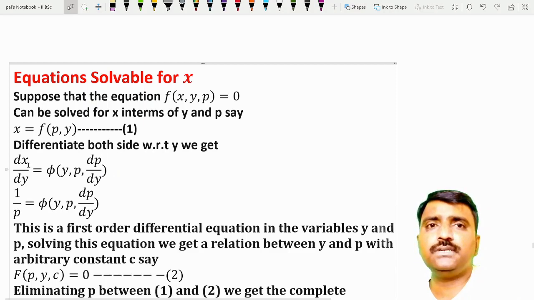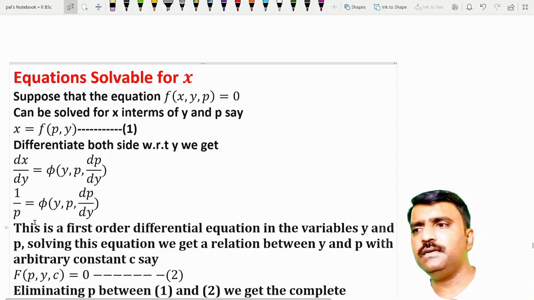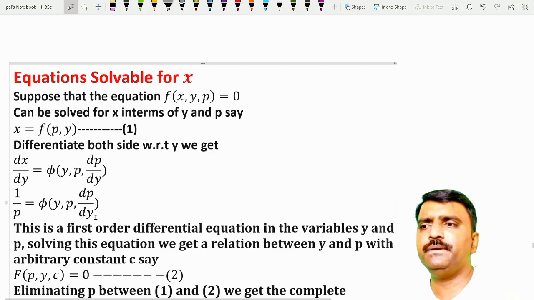And as you know p means dy by dx, so dx by dy is 1 by p. So you write 1 by p is equal to phi of y, p and dp by dy.